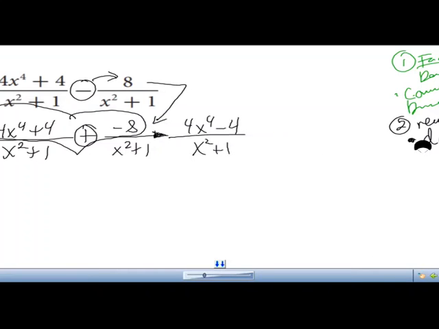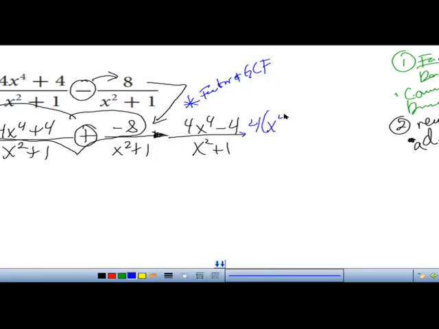All right. What do we do at that point? You can factor the numerator. Factor and check for GCF. Do we have a GCF on the numerator, guys? Yes, it's 4, and we're left with x to the 4th minus 1.